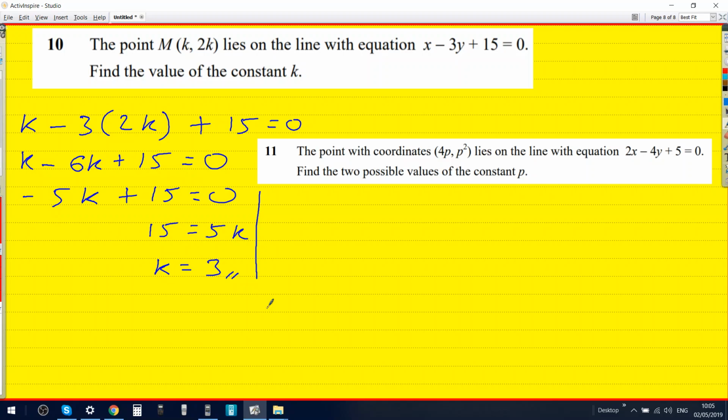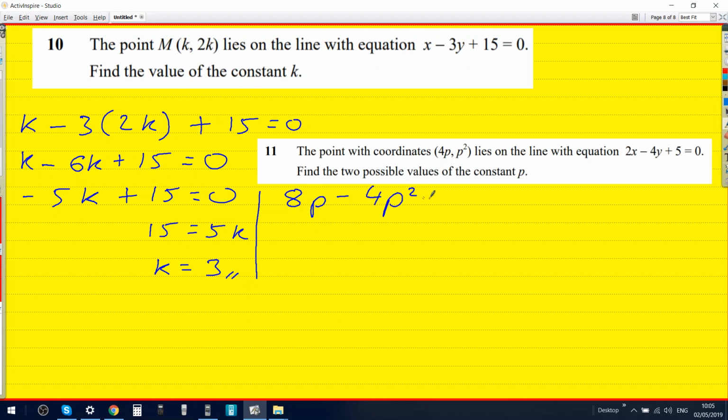So 8p minus 4p squared plus 5 equals 0. Yeah. And then that leaves us with a quadratic, doesn't it?